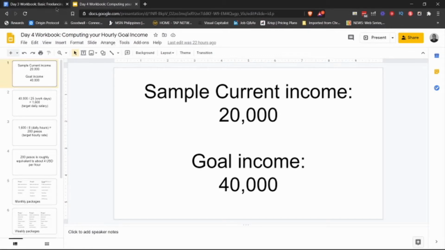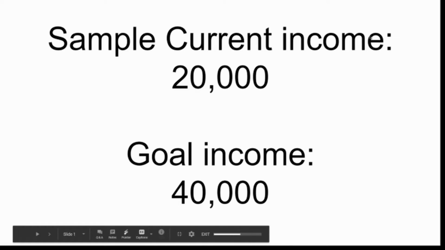So let's present this. For example, your current income now is 20,000 pesos. Any income figures you see here, let's make them pesos, so it's easier to understand. Because with foreign currency, we'd still have to adjust and convert. So it's easier if it's just pesos.